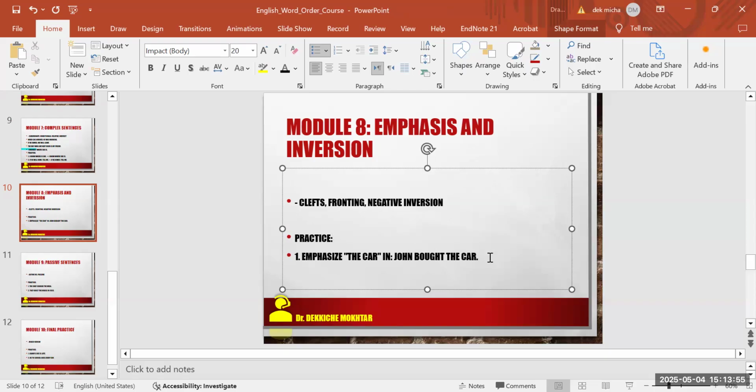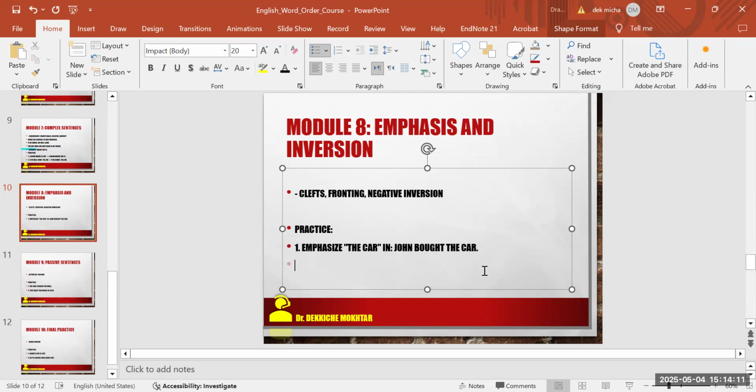Emphasis, the car. John bought the car. We can say here, it was the car that John bought.